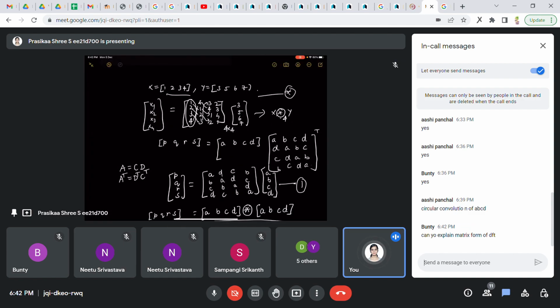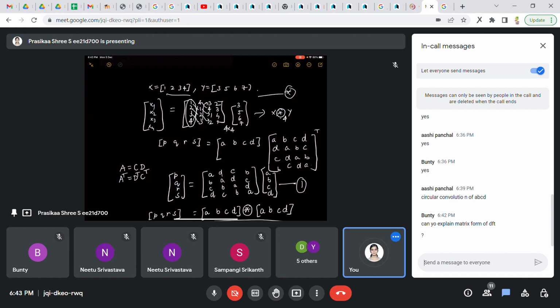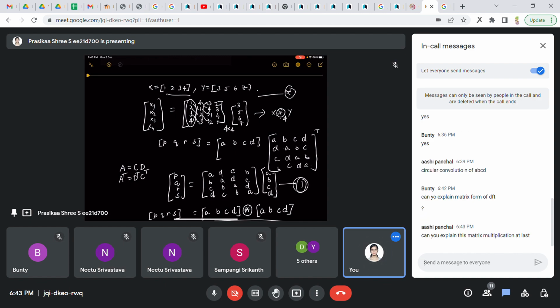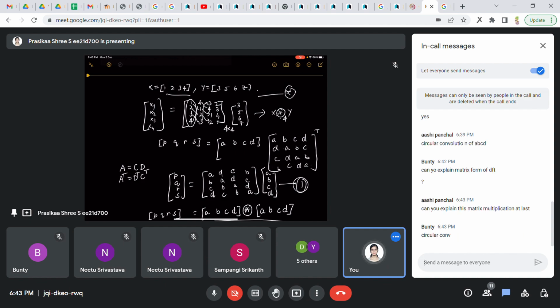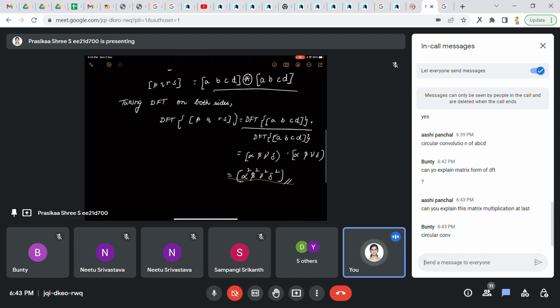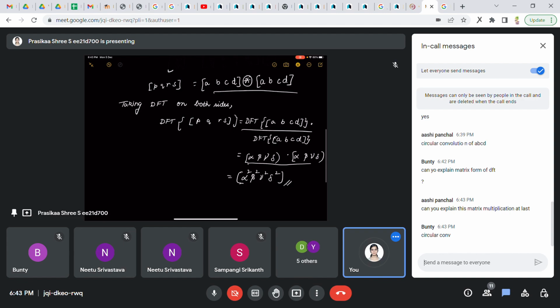Okay, can I move on? Which matrix form are you talking about, Panti? The expression which I have written here, or this one? Can you explain this matrix multiplication at last? This one. Okay. So this is not a matrix multiplication. This is a vector multiplication.